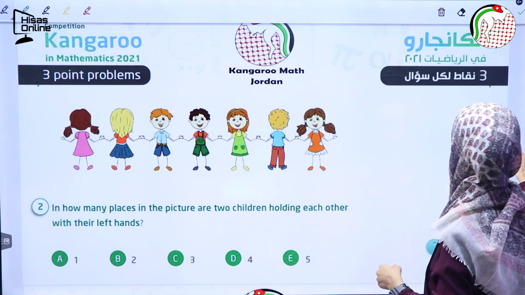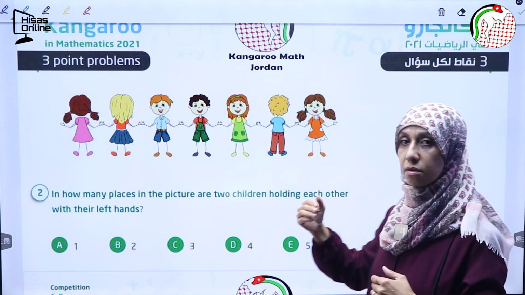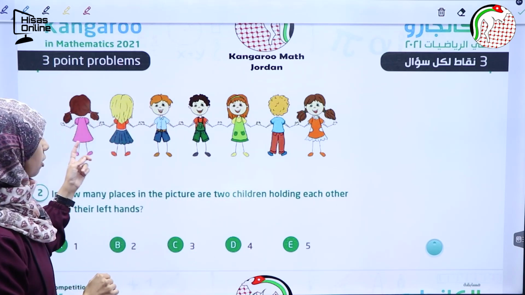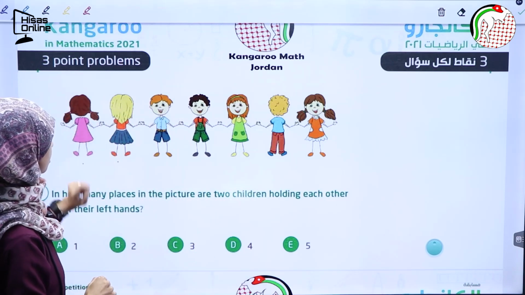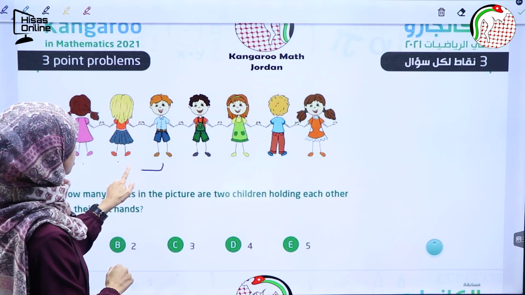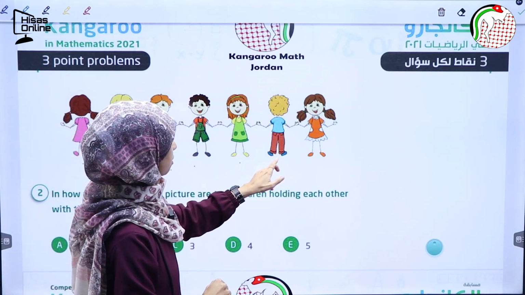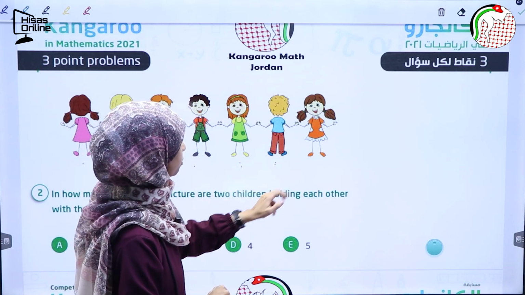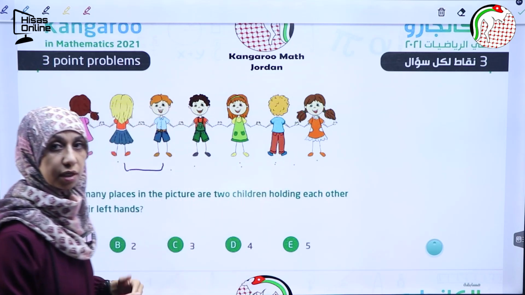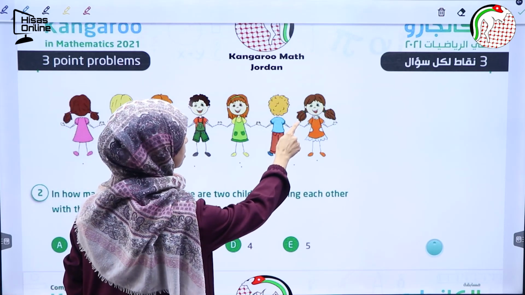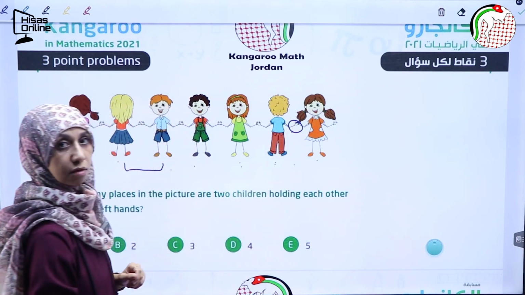So let's see. That means their positions will be opposite to each other. Where are the opposite positions? Those have the same position. So the first position is here. They are opposite to each other. Now check their hands. Those are using their right hand.